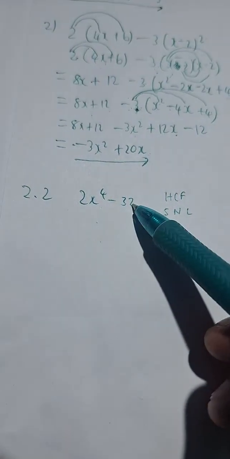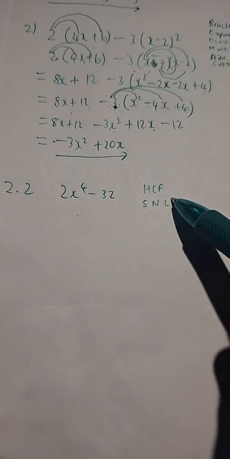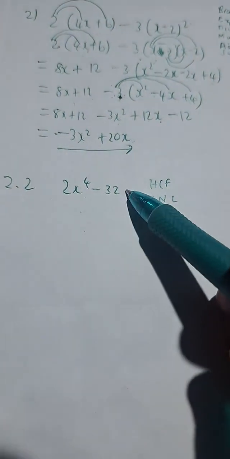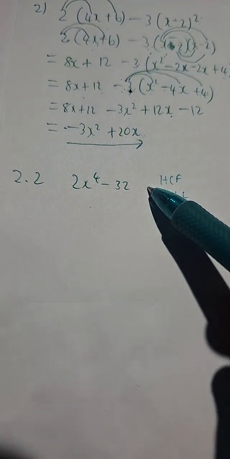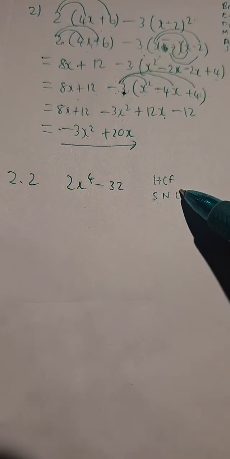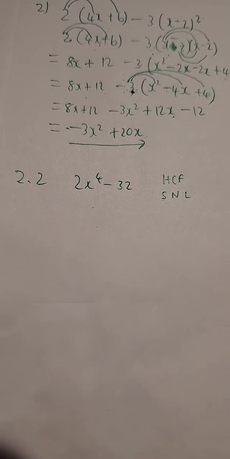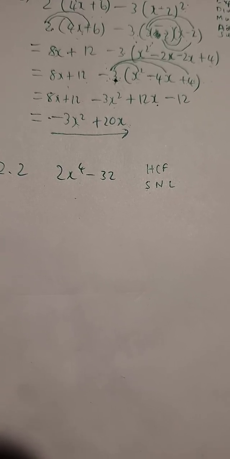We look at 2 and 32 and we ask, what is the highest common factor number between 2 and 32? Then later, we look at the variables of each term. If there's a common variable, we always take out that common variable that has the lowest exponent. That's if the variable or the letter of the alphabet is common.